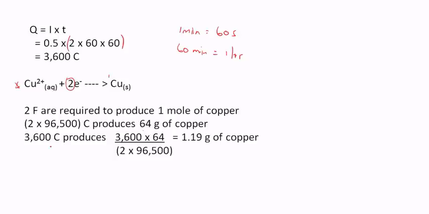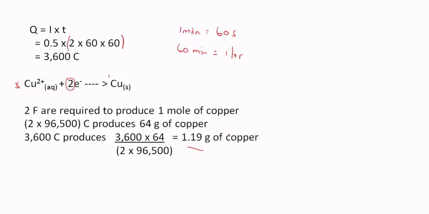Therefore, 3600 coulombs produces 3600 multiplied by 64 divided by open brackets 2 multiplied by 96,500, and this gives us 1.19 grams of copper.